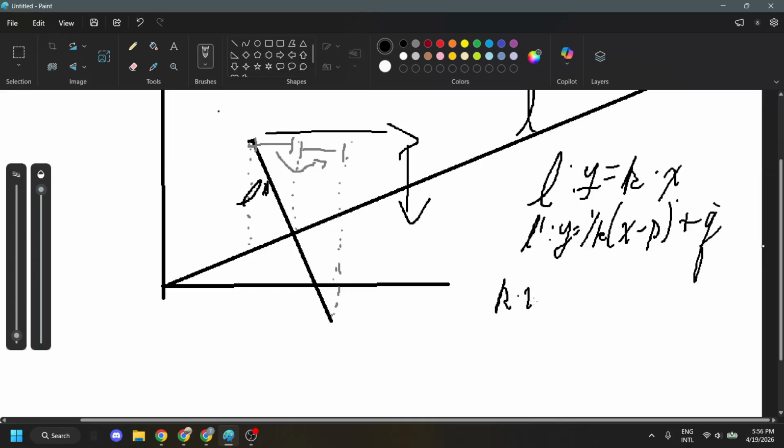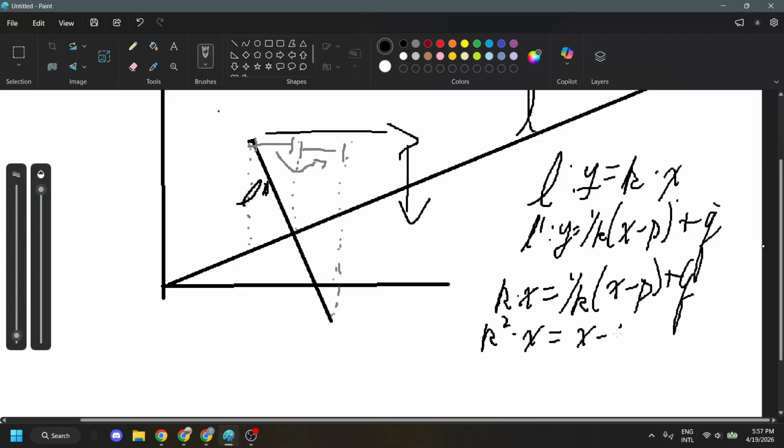So k times x is equal to 1 over k times x minus p plus q. We can multiply by k, we get k squared times x is equal to x minus p plus kq.